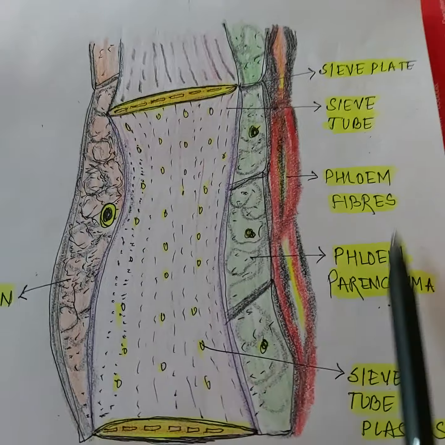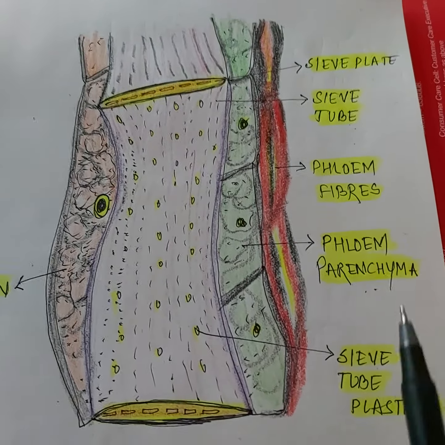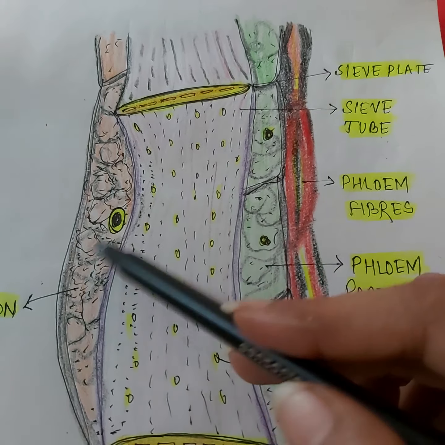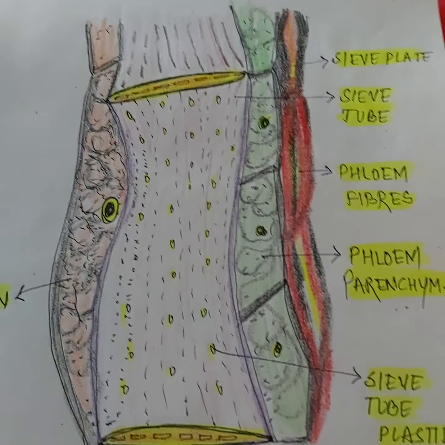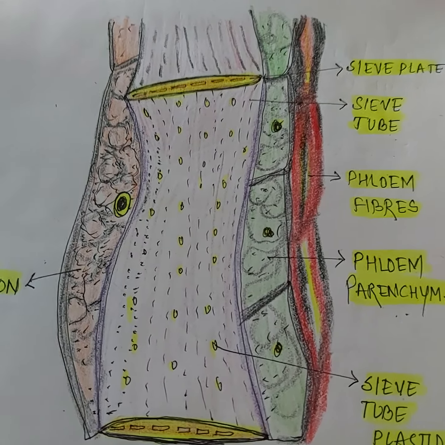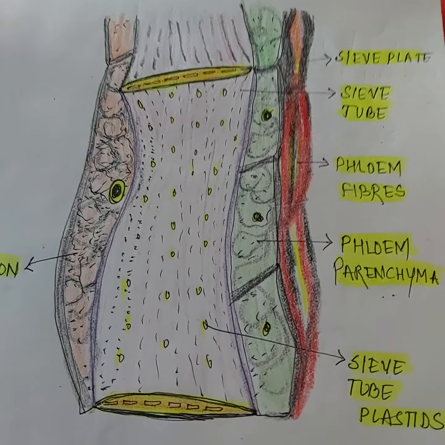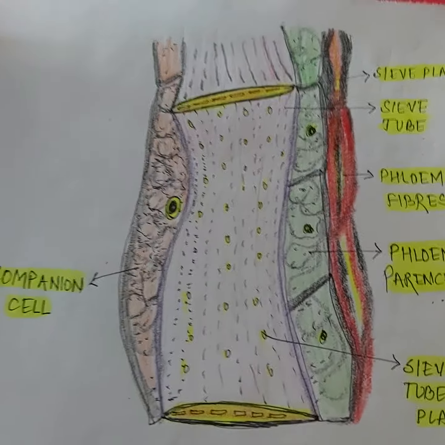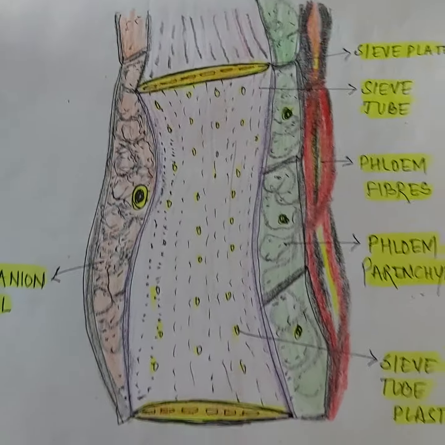Unlike xylem, in phloem tissue there is only one dead element and the remaining three cells are living, whereas in xylem, three elements were dead and only one was living. So, keeping this in mind, let us go for a short recap of whatever we have learned today so that you get a better understanding.